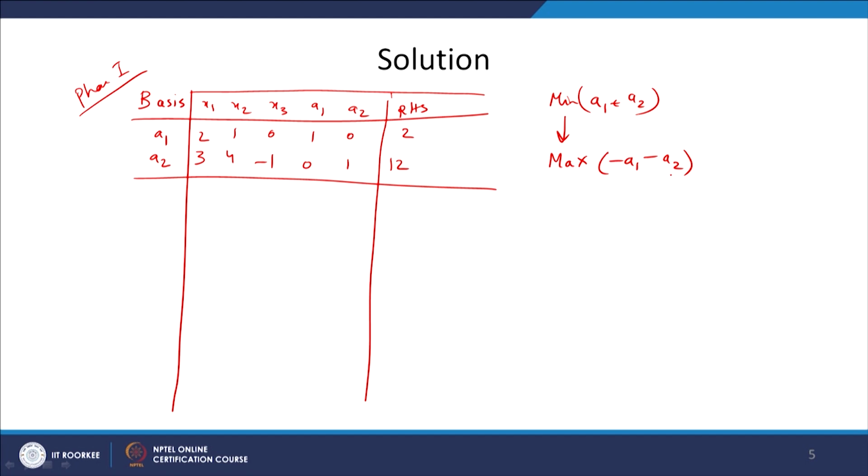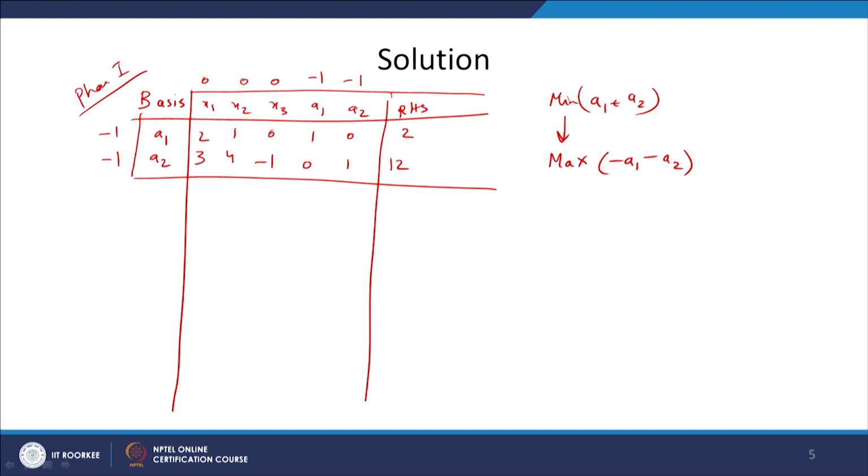So, that means the coefficient of A1 is minus 1 and similarly the coefficient of A2 is also minus 1, whereas the coefficients of x1, x2, x3 are 0. Over here on the left hand side we need to repeat the coefficients of A1 and A2 as minus 1 and minus 1.